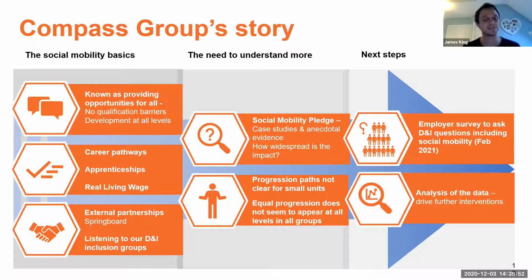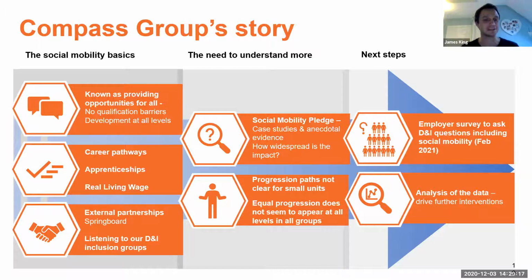We also do some great outreach with external partnerships as well. We're not the experts in all different areas, so we reach out to our external partners. Springboard is one, but we have many, and Springboard specifically supports people from disadvantaged backgrounds, and we work with them to place them and develop careers for them within the hospitality industry.